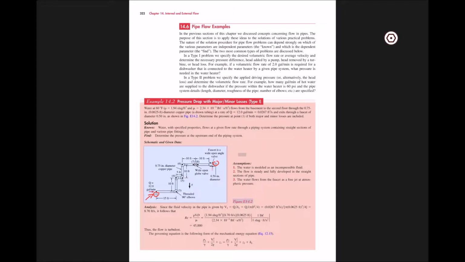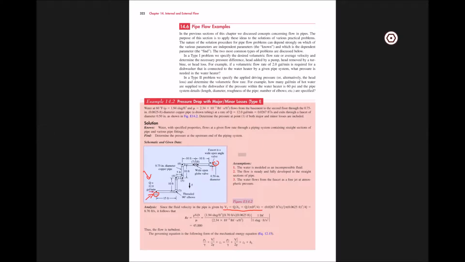Now, first thing first, let's calculate the Reynolds number. To calculate the Reynolds number, we need to know what fluid we have, and that's water. So we know the density, we know the viscosity. The velocity can be taken from the flow rate that is given. So this is the velocity at point 1.